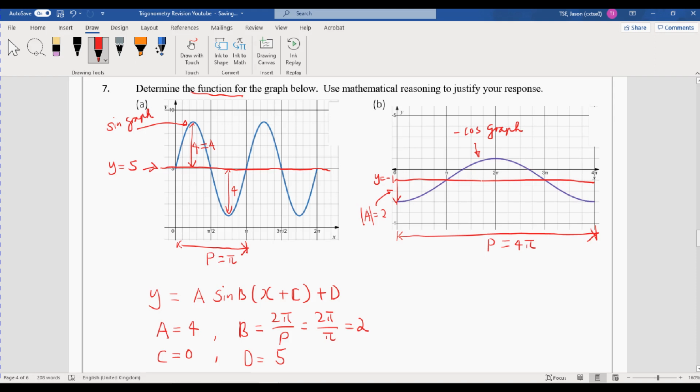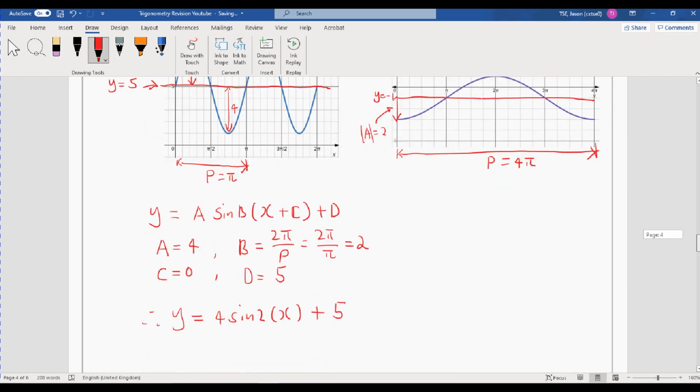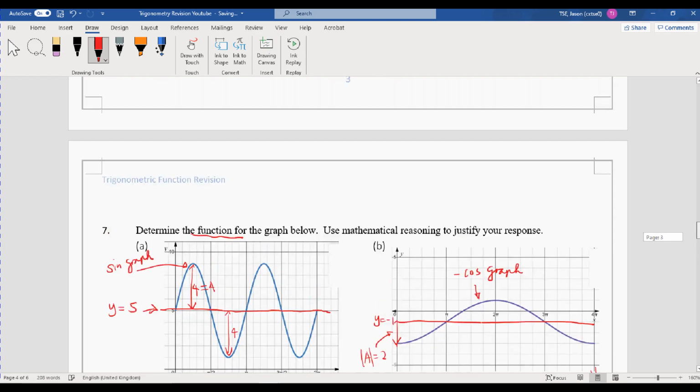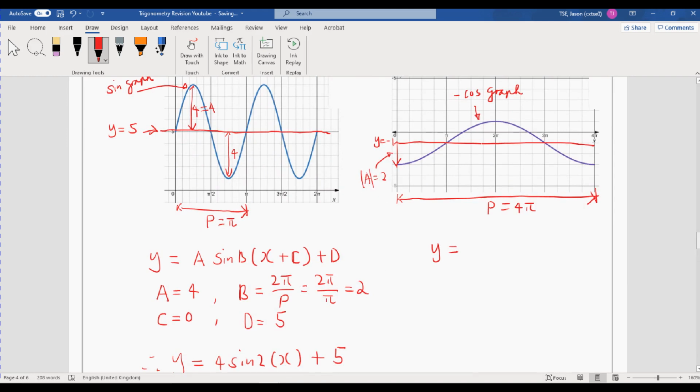Now you've got the amplitude, you know it's a negative cosine graph, the middle line is y equals -1, and the period equals 4 pi. So this time, because this one is negative cosine, we're going to use a cos bracket bx plus c bracket plus d.